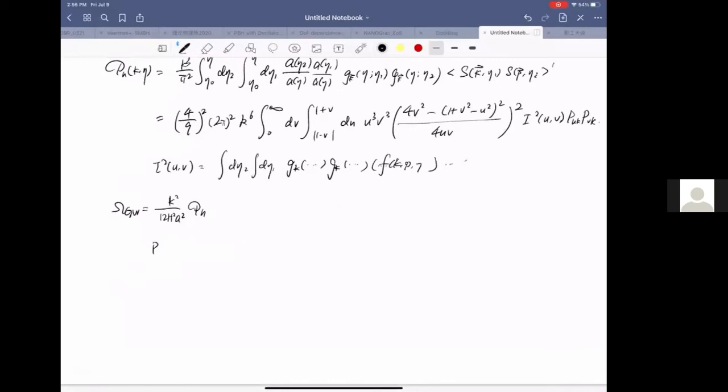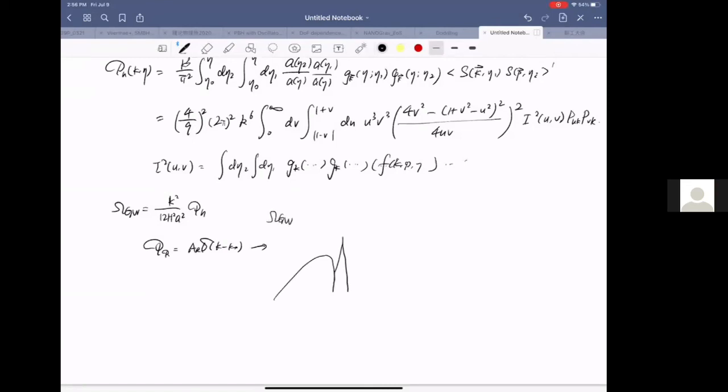So for a delta function peak that is frequently used, the power spectrum of R is A_R times a delta function. This will give you an analytical result, and you might have seen somewhere that it goes to something like this.